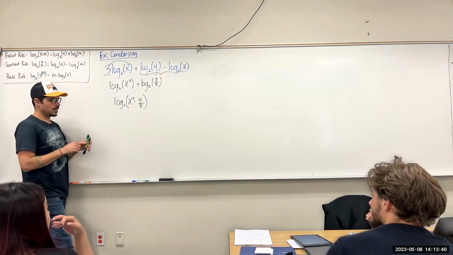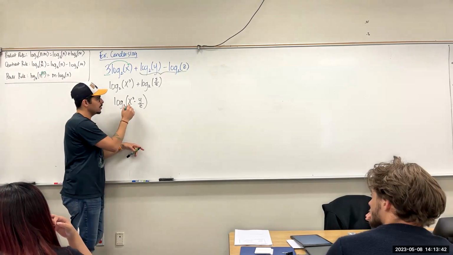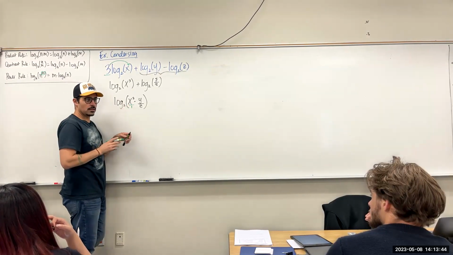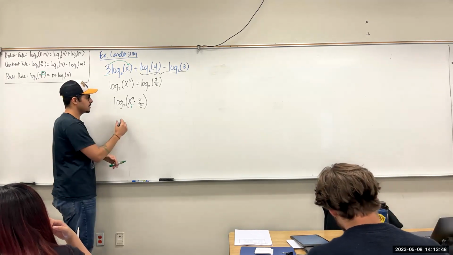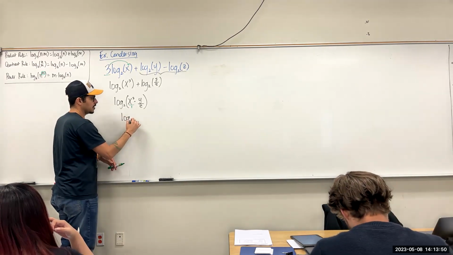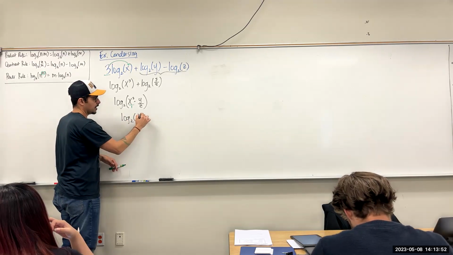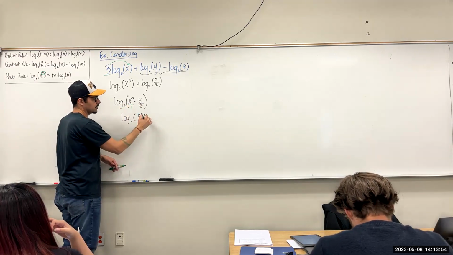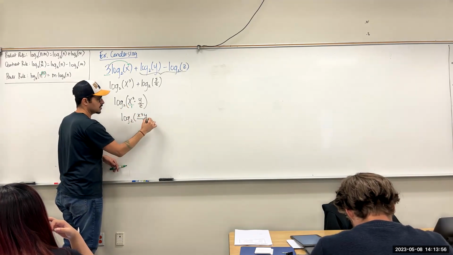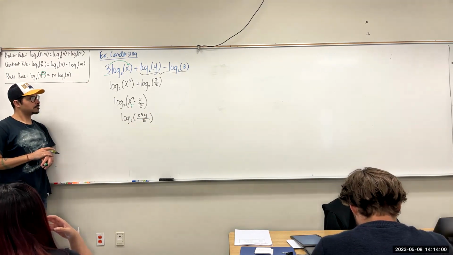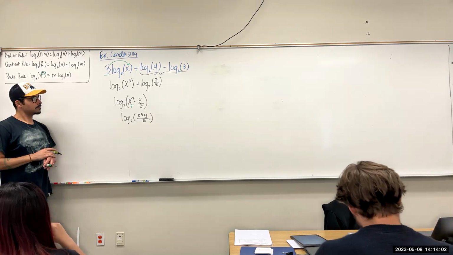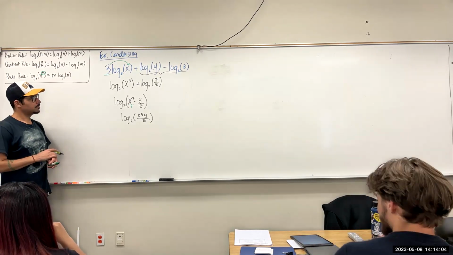It's true, because this is really over 1. Okay. So then you multiply the numerators, denominators. And this becomes log base 2 of x cubed times y, over 1 times z, so it goes like that.